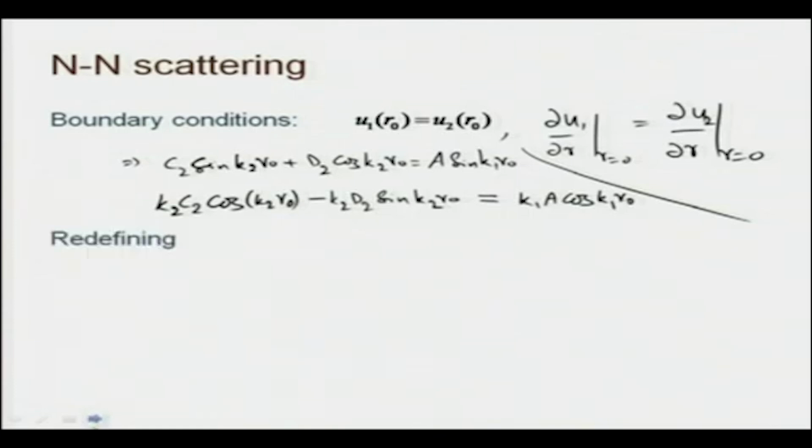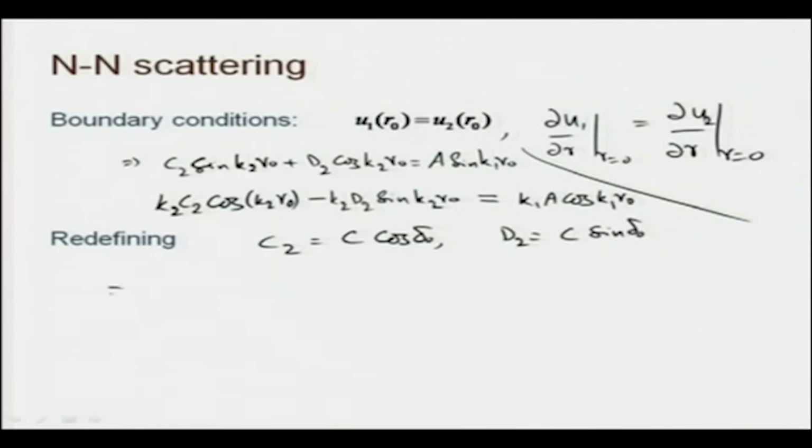Now, let us redefine to make it in a slightly nicer form. We redefine C 2 equal to some constant C cos delta and d 2 equal to C times sin delta, some delta, let me take it as delta 0.